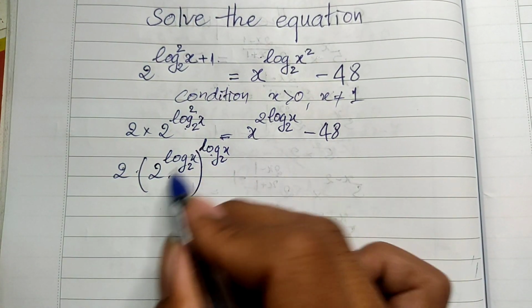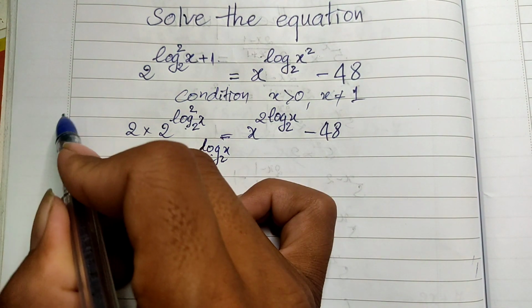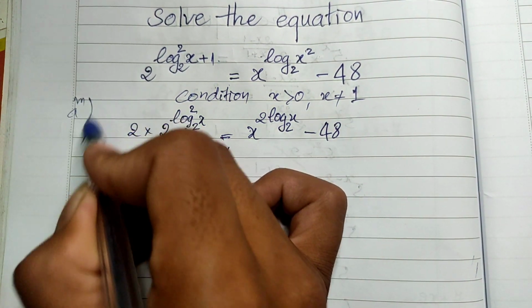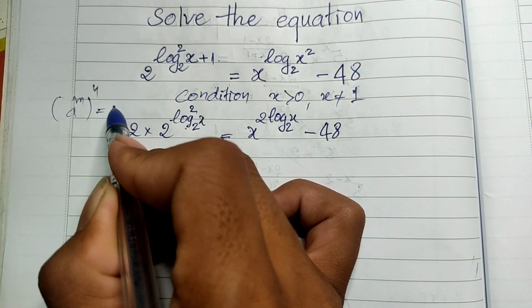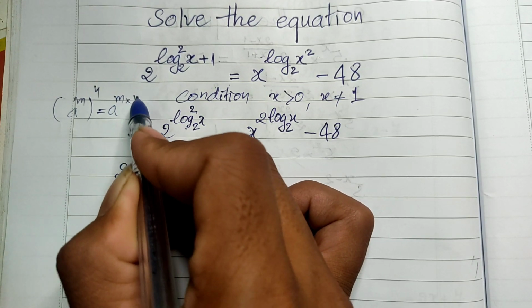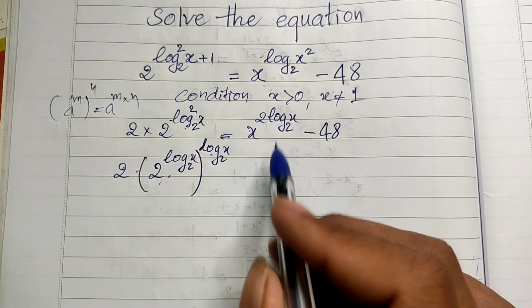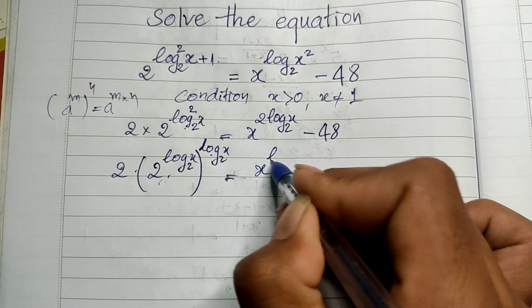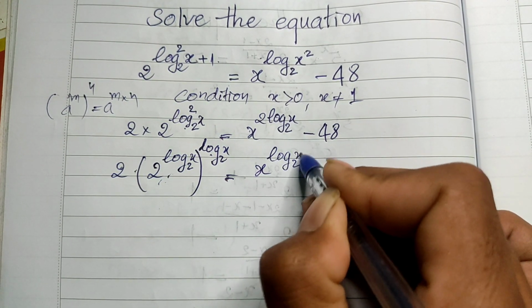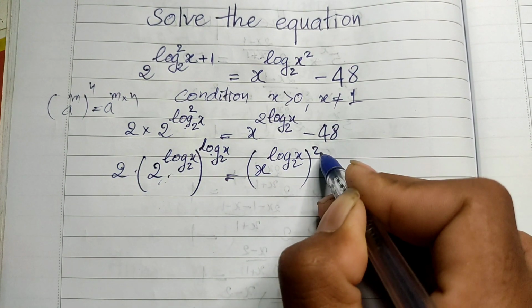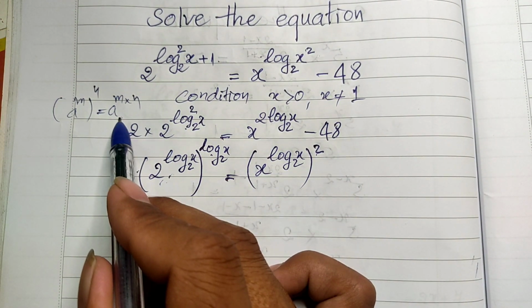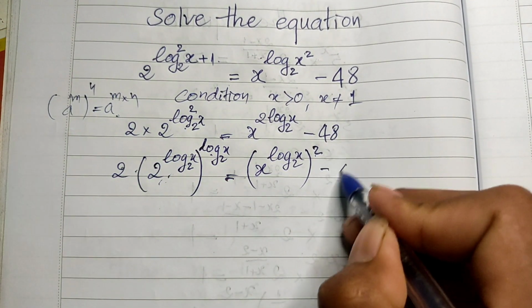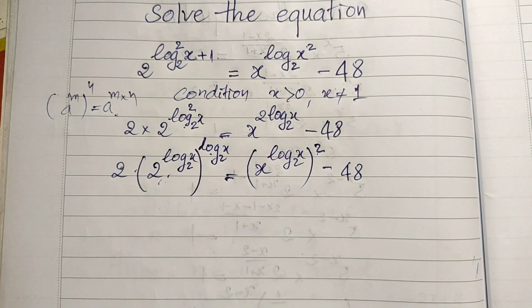We use the rule that (a^m)^n is equal to a to the power m multiplied by n. And this also I can write as h to the power log₂(h) all squared, and this we also use this rule, minus 48.